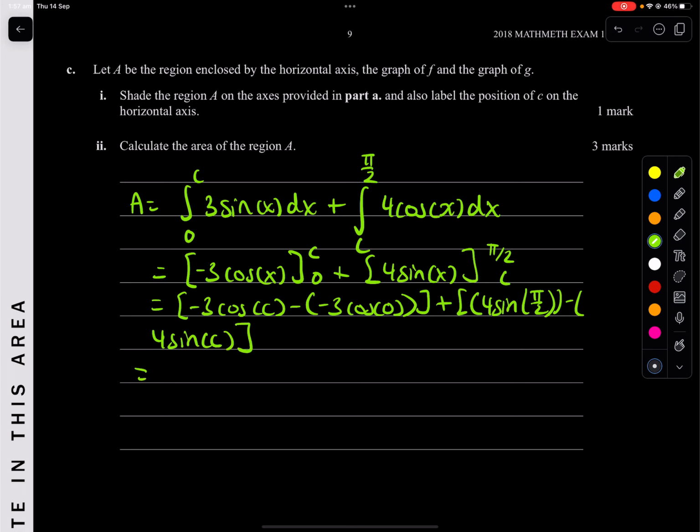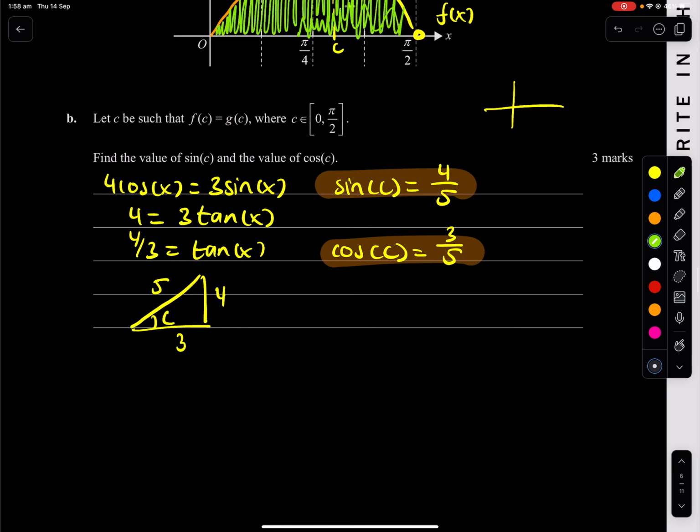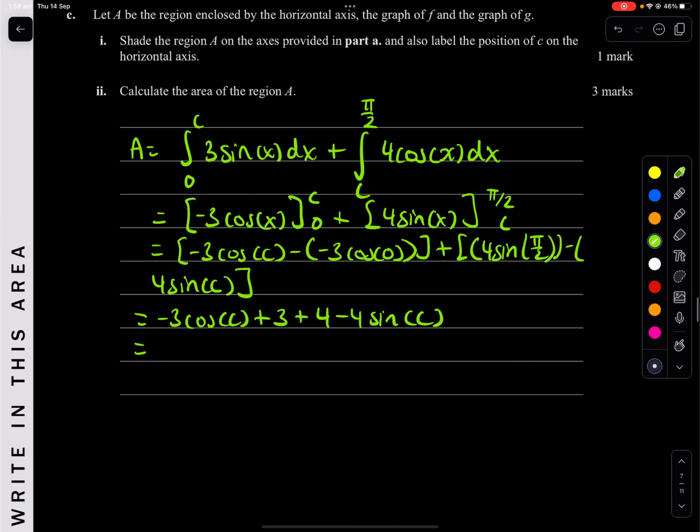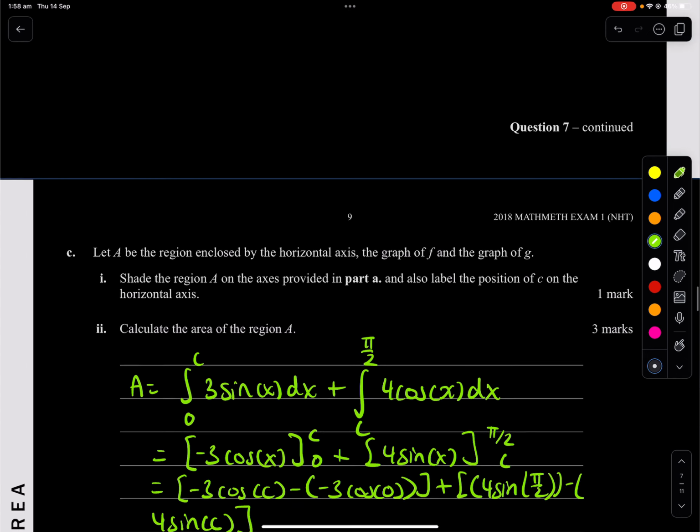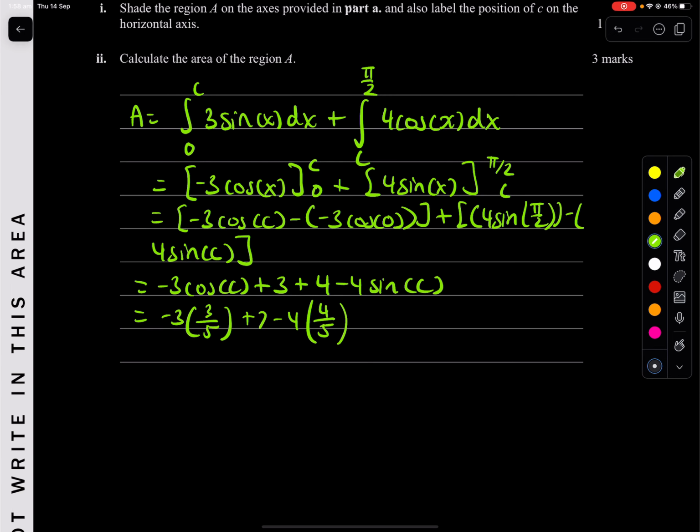Simplifying, we have negative 3 cos C plus 3, because cos 0 is 1, plus 4, because sine pi on 2 is 1, minus 4 sine C. We know cos C is 3 over 5 and sine C is 4 over 5, so negative 9 over 5 plus 7 minus 16 over 5.